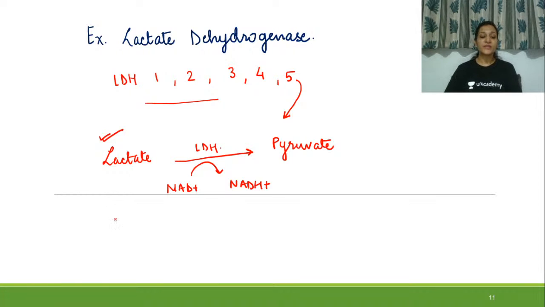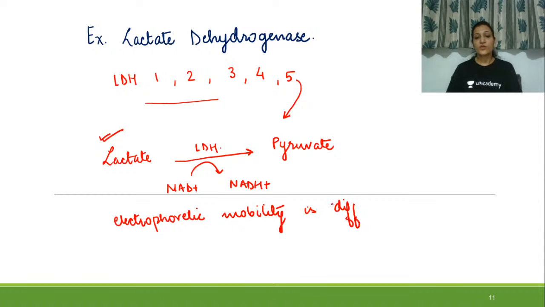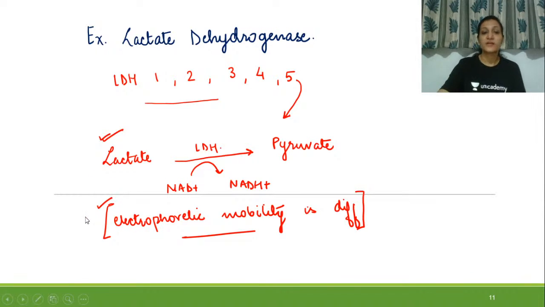So they differ in the electrophoretic mobility. Electrophoretic mobility is different for all of them. It means when they are run in the electrophoresis, they will be moving at different distance in the unit. Right?